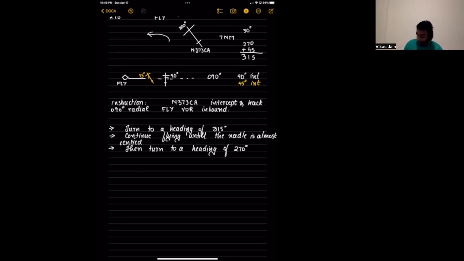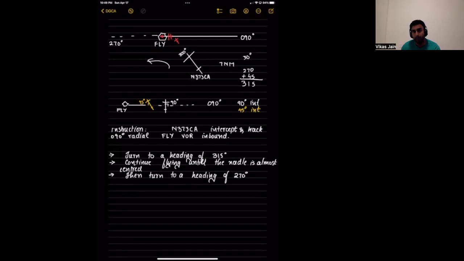Now, why is it 270 and why is it not 090? Because we're going towards the VOR. Every time it's a TO indication, or towards the VOR, your course will be opposite to that of the radial. Every time it's a FROM indication, or away from the VOR, then your radial and the course you'll be flying will be the same.